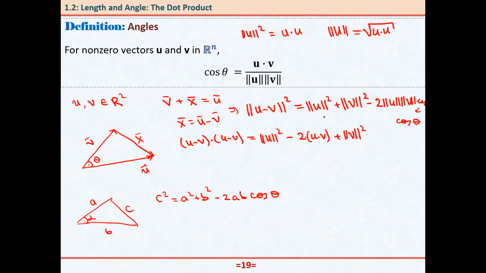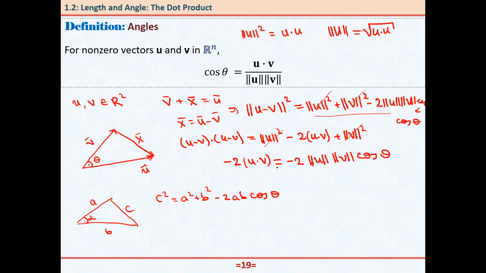On the right-hand side, we have this expression. The norm u squared terms cancel each other, and the norm v squared terms cancel each other. On the left-hand side we have negative 2 times u dot v, which equals, on the right-hand side, negative 2 times norm of u times norm of v times cosine of theta.